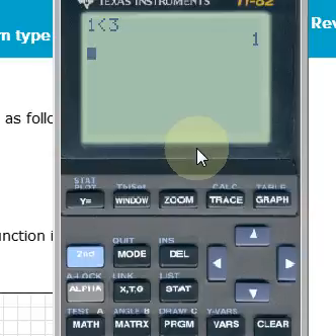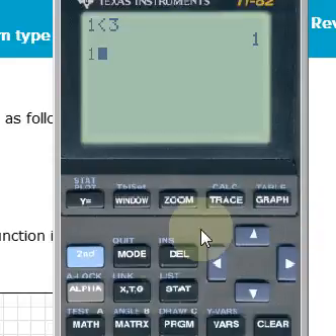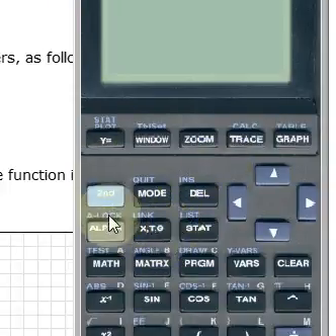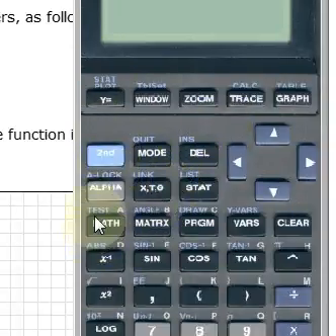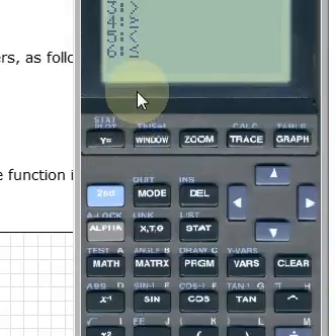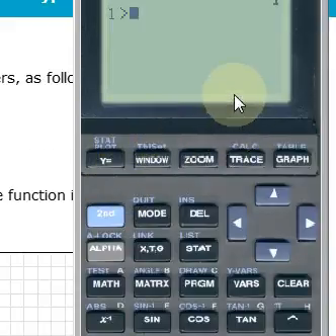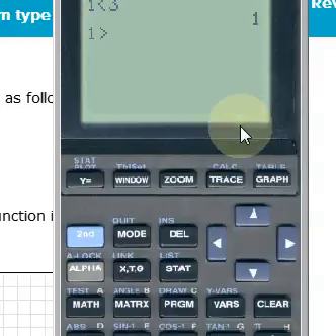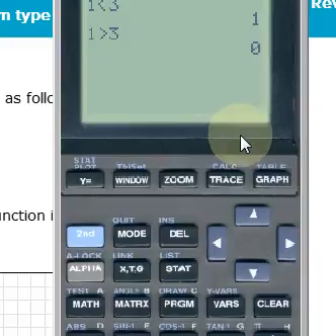Now let's do it the other way around. Let's say 1 is greater than 3, which we all know is not true, and it equals 0.